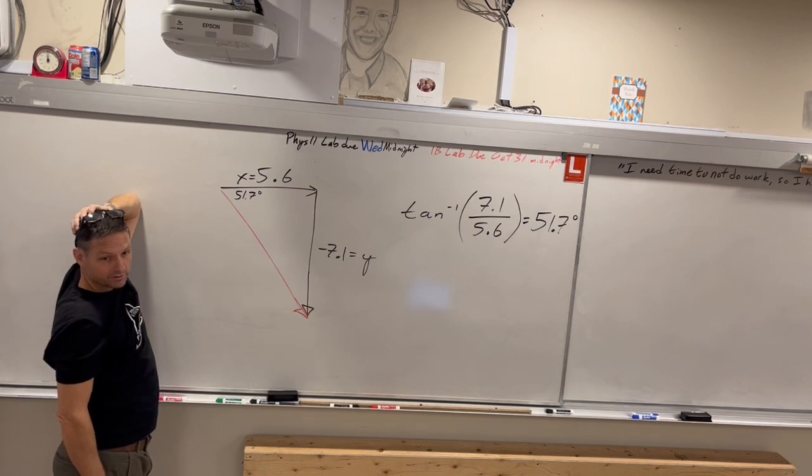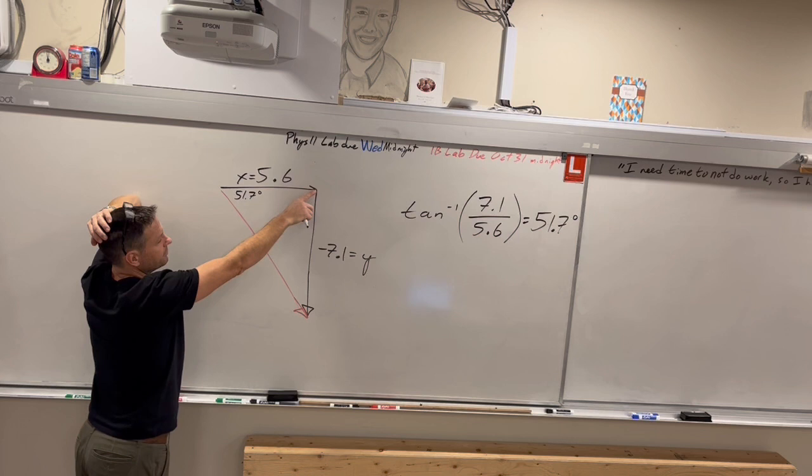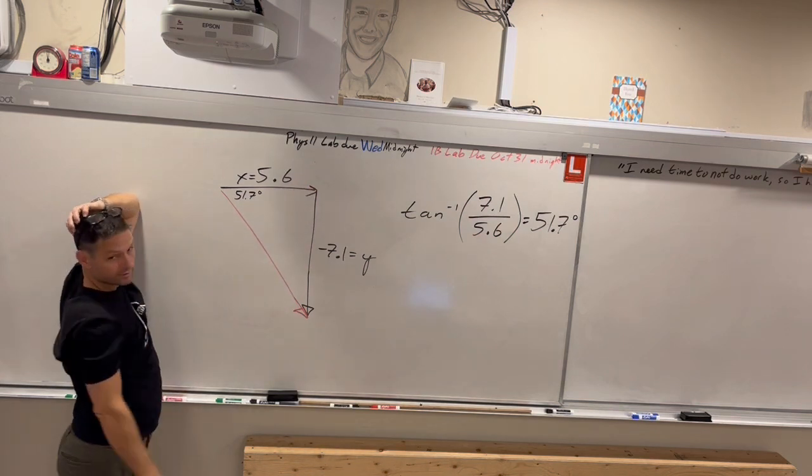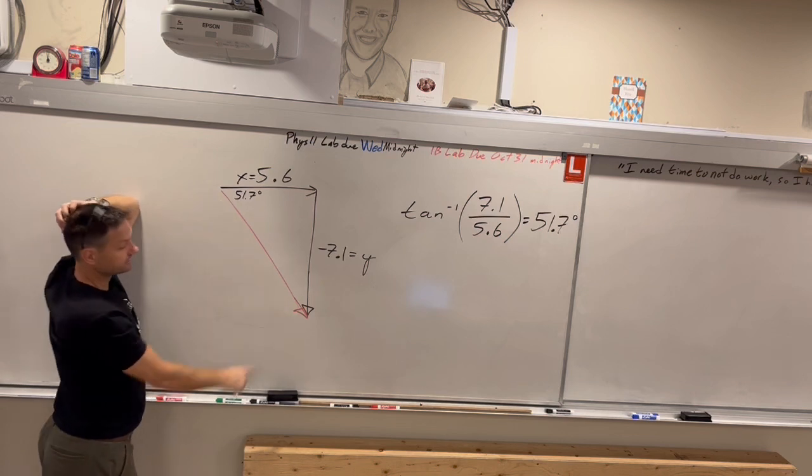What does it tell you? It's the magnitude, but what does it mean? The result. If this is the river pushing you at 5.6 and you're swimming south, let's say at 7.1, what is this direction?